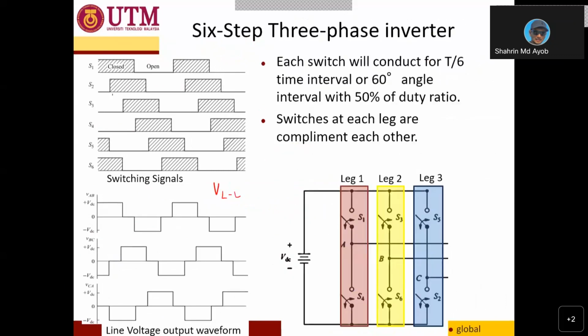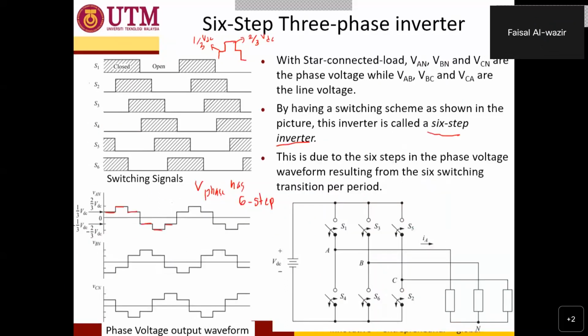Phase voltage. Why phase voltage? Because it is not as smooth. Actually, when your waveform is near to a sinusoidal waveform, resembling it very closely, that means the waveform has lower harmonics.